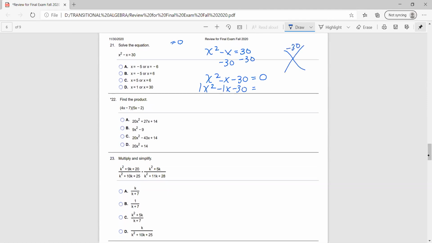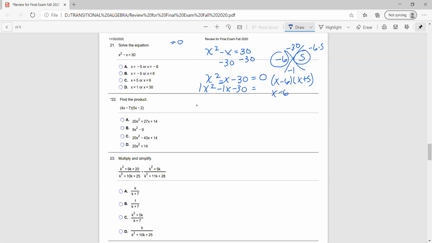We need something that multiplies to negative 30 and adds to negative 1. So negative 6 times 5. Our answers are going to be the opposite of whatever these are. So we would do x minus 6 times x plus 5.